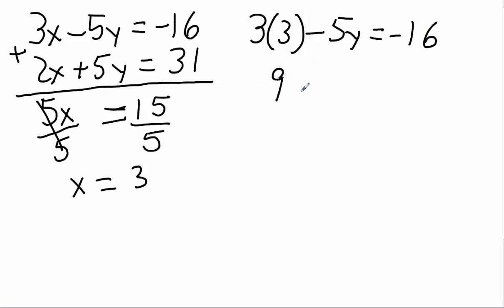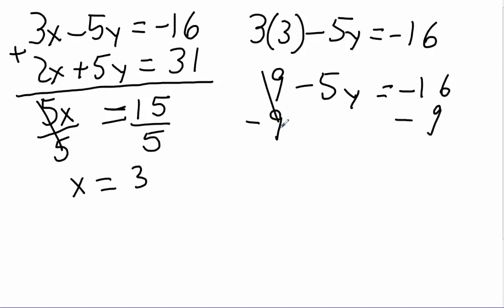Simplify, 3 times 3 is 9, minus a 5y equals negative 16. Subtract the 9, boom, disappears. We get negative 5y is equal to negative 25.